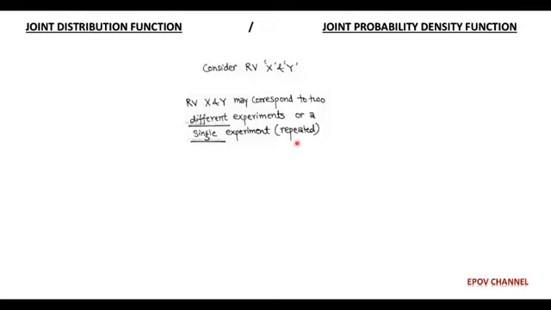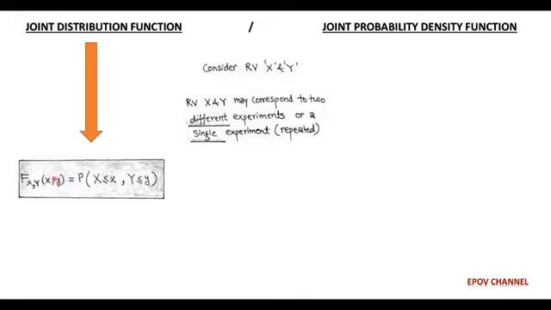So accordingly, the joint distribution function is related to CDF function of individual random variables x and y, and it is expressed as capital F function x comma y equals probability of occurrence of event X less than or equals to small x comma Y less than or equals to small y. And here the limits for random variable X is greater than minus infinity but less than or equals to small x. Also, capital Y is greater than or equals to minus infinity but less than or equals to small y.